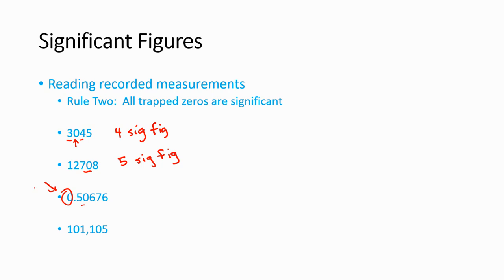We still don't have a rule for that zero, so we're going to leave it out. So we're going to say that this is also five significant digits. 101,105, two trapped zeros in this case. All digits are considered to be measured and significant. So this has six significant figures.